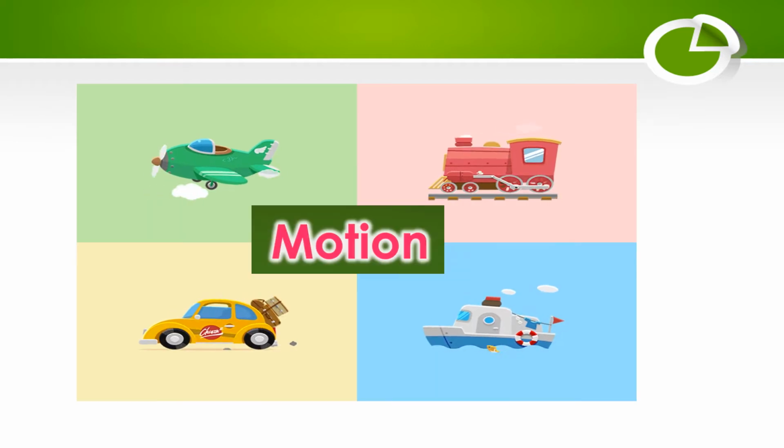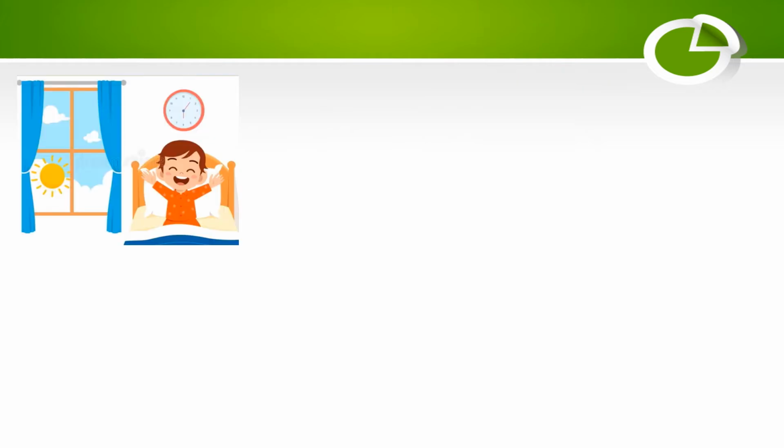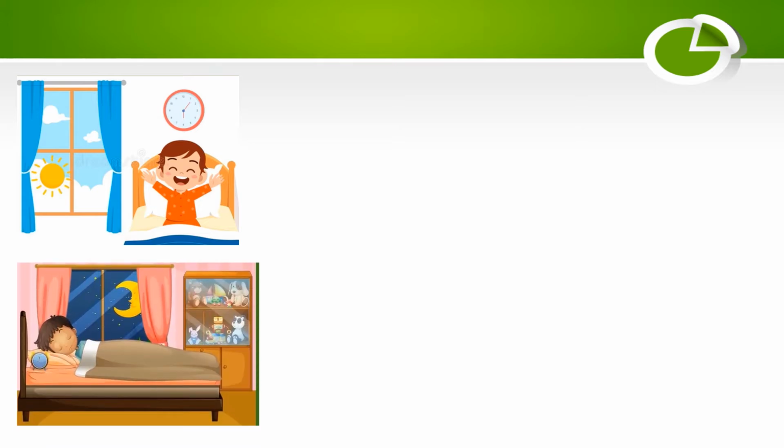So the question is, what is motion? How can you tell if someone is in motion? It seems that everything is moving from the time you wake up until you go to sleep. All our activities involve movement.